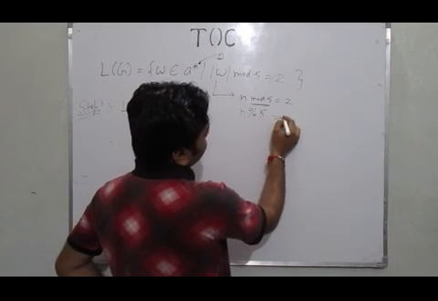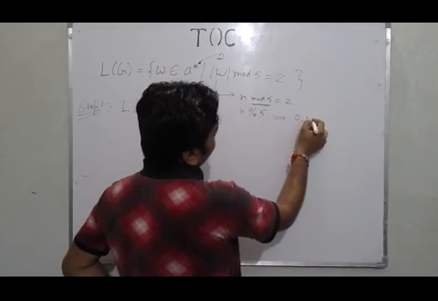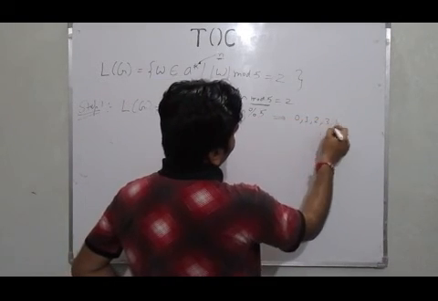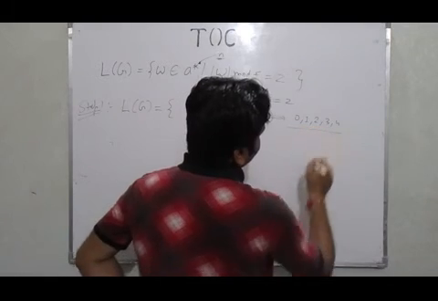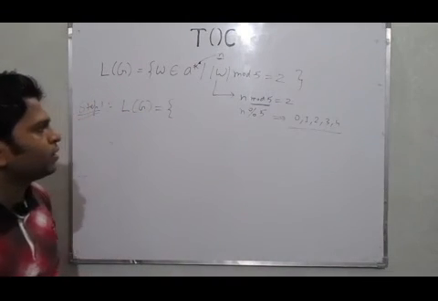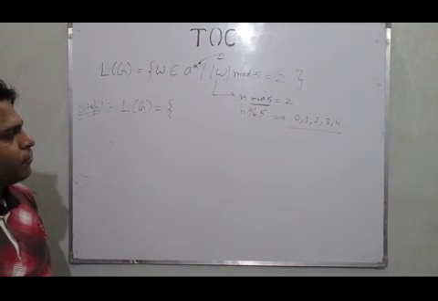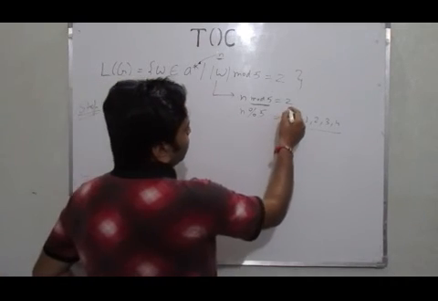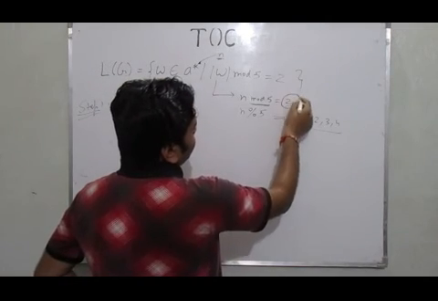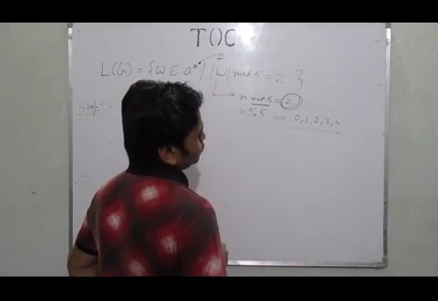The remainders that I can obtain would be 0, 1, 2, 3, 4. These are the various remainders that we can obtain after dividing a given number by 5. And here we are told that we have to obtain only remainder 2.